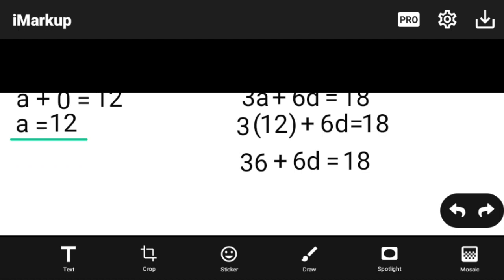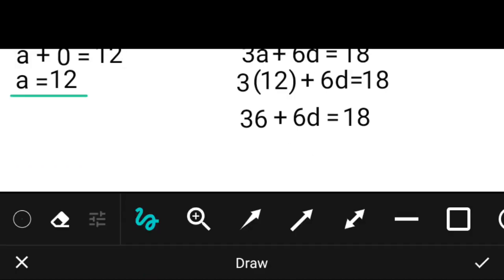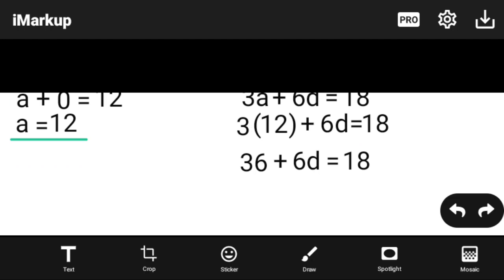So you need to take this 36 to this other side where there is 18, so that you find the value for d. So it will be 6d is equal to 18 minus 36.